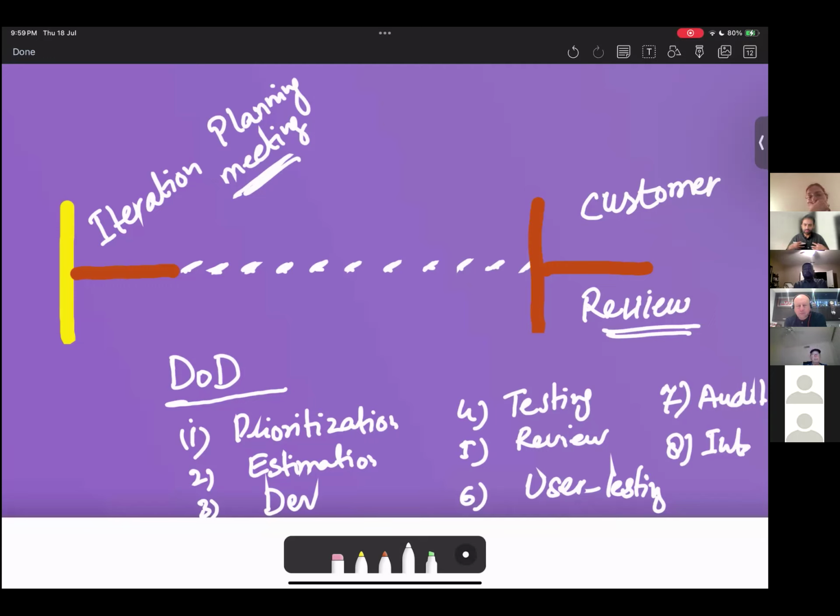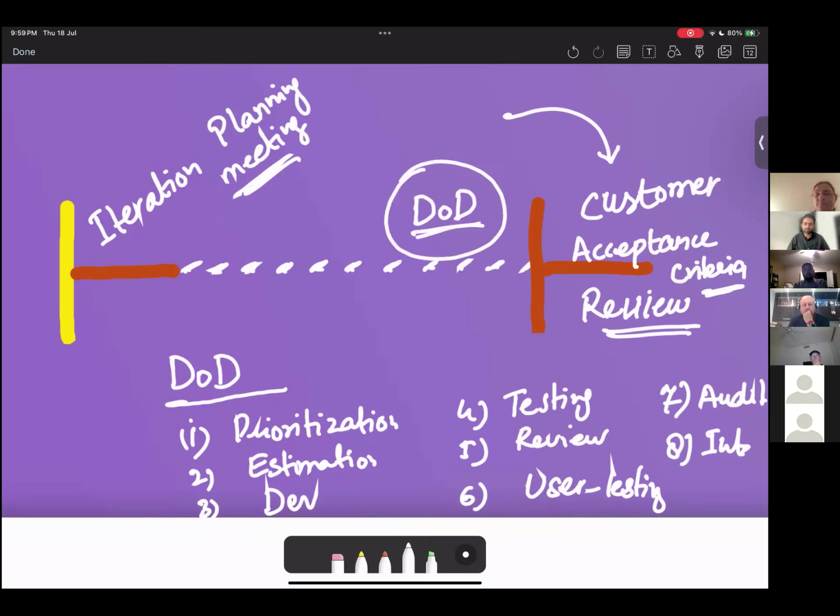Internally, you make sure that you have completed all the work from all aspects. This is called meeting DOD from the team's perspective. And when you present it to the customer, you compare the actual work with the acceptance criteria. In acceptance criteria, you involve the customer, but from the team's point of view, you make sure that you have completed whatever is mentioned in DOD.